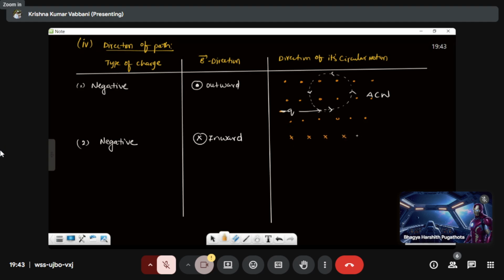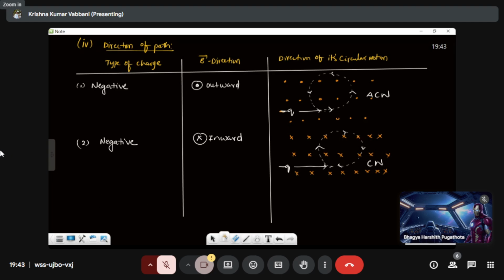This is the inward field, and now take the negative charge moving like this. Definitely it will take circular motion as we discussed in the last class, but it should be clockwise direction.